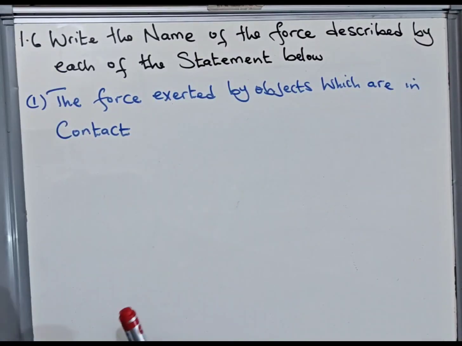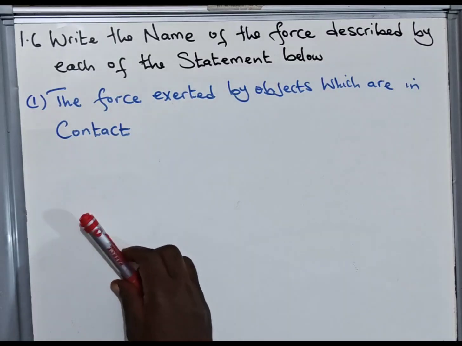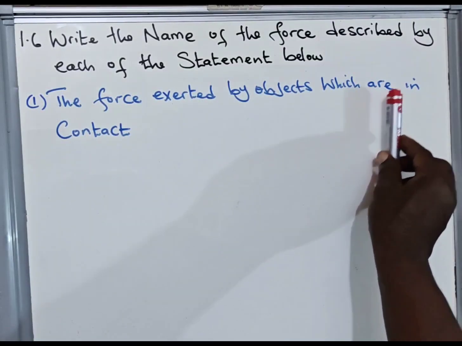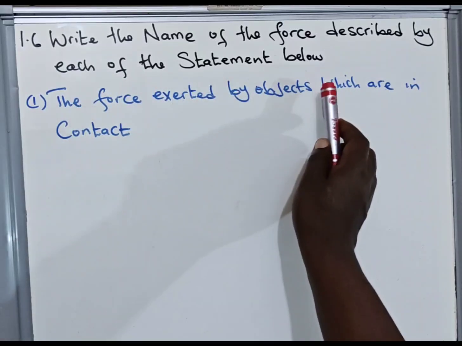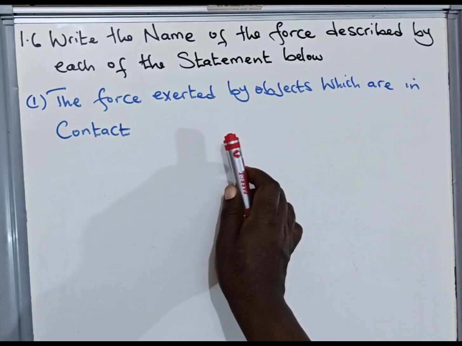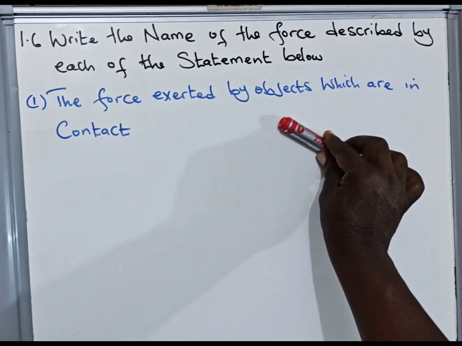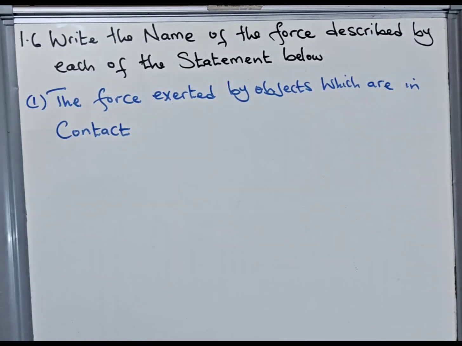Then we come to this question. It says write the name of the force described by each of the statements below. The first one says the force exerted by objects which are in contact. What do we call such force?